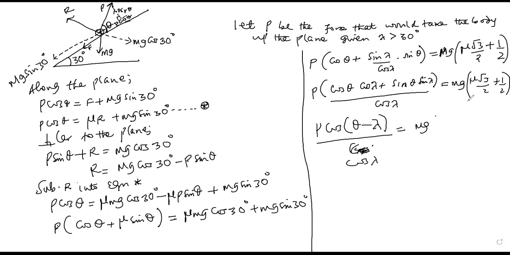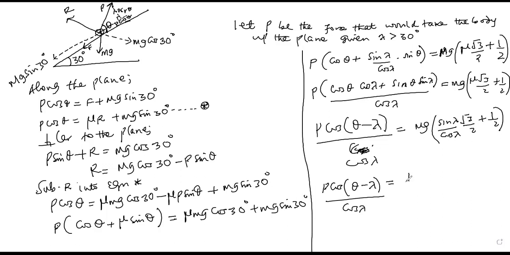Mu is the same as sine lambda over cos lambda, then root 3 over 2 plus a half. So you're going to have P cos theta minus lambda over cos lambda is equal to, I can move out a half. Remember, this is LCM cos lambda. So if I factorize out a half this side, it will be a half mg.